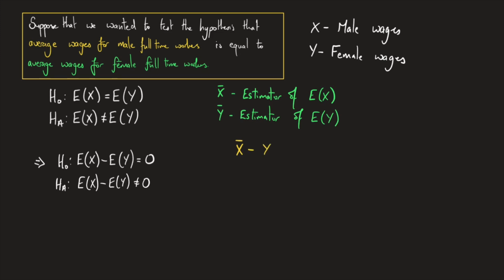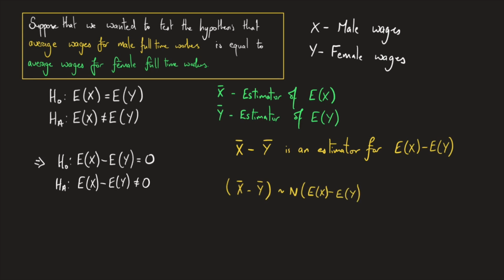So X bar minus Y bar is going to be our estimator for E of X minus E of Y. Now, it's possible to show that if our sample size is large enough, then X bar minus Y bar will be approximately normally distributed, and it will be centered on the expectation of X minus the expectation of Y, and we need to know what the variance of this difference is going to be equal to.